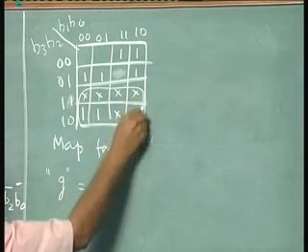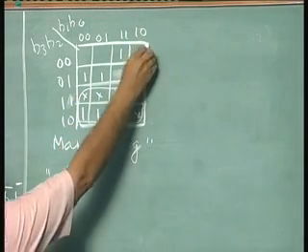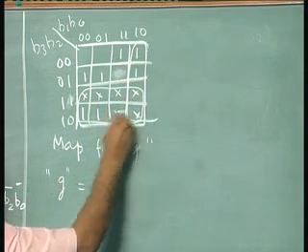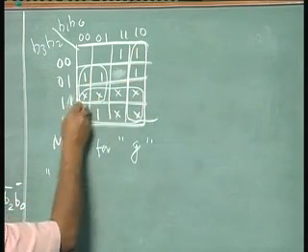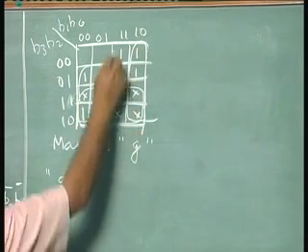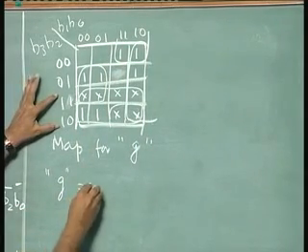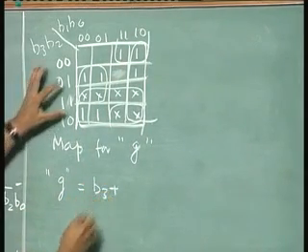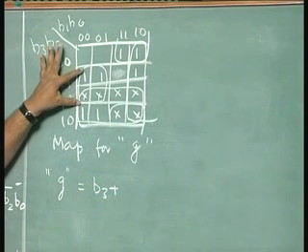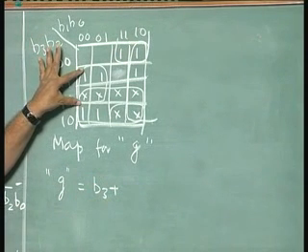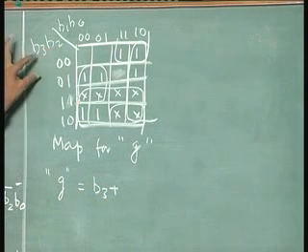this is one term, another term, another term, another term. This is B2, B3. Then what is this term? B2, B1 bar.